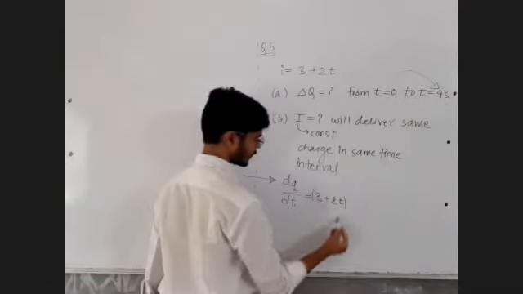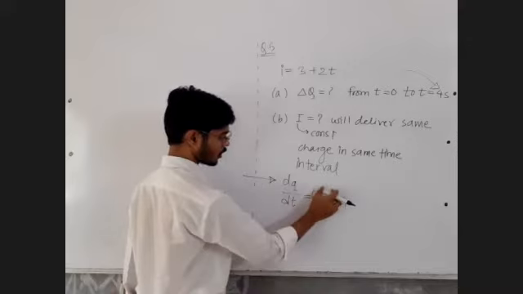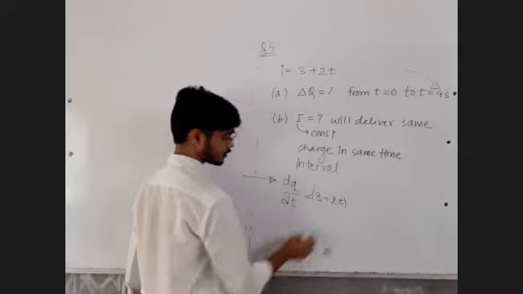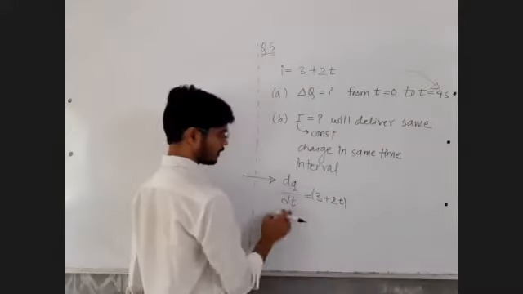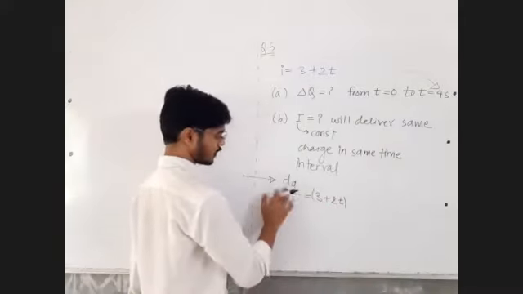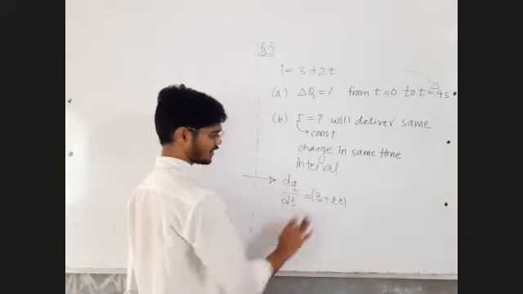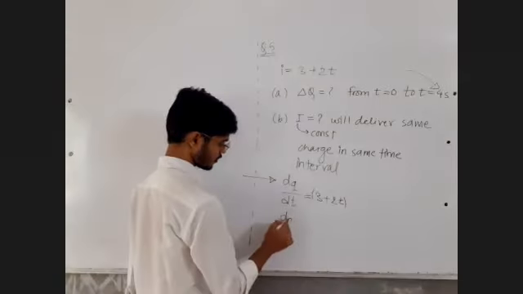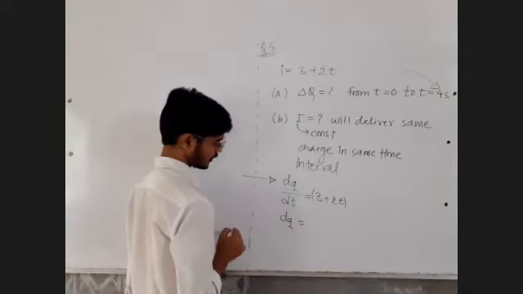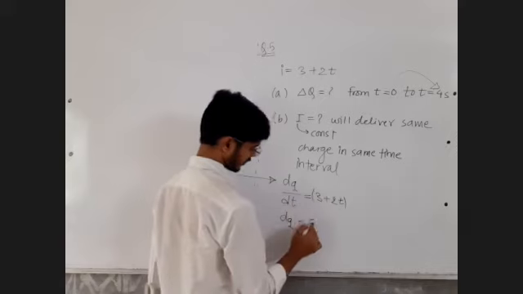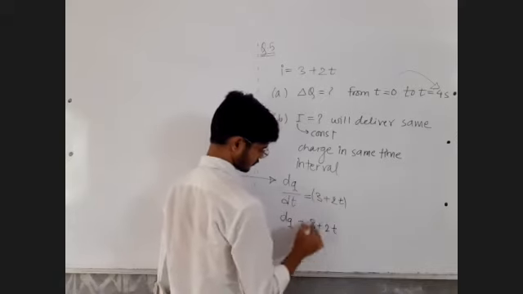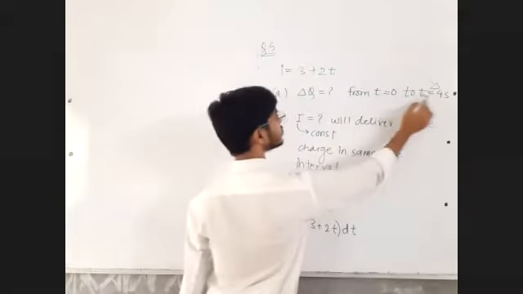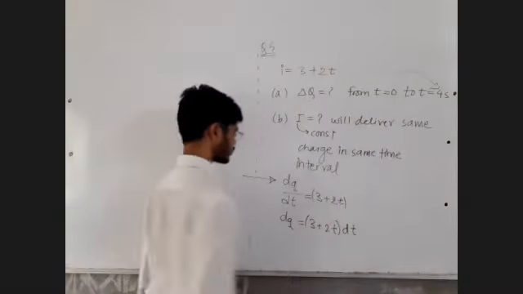Obviously you will separate the variables, dq, and all q variables will be on the one side, dt and all the t terms on the other side. There is no term containing q, so dq will remain as it is on the left hand side, dt on the right hand side. Now you have the limits of time and you have to find out the total charge flown.